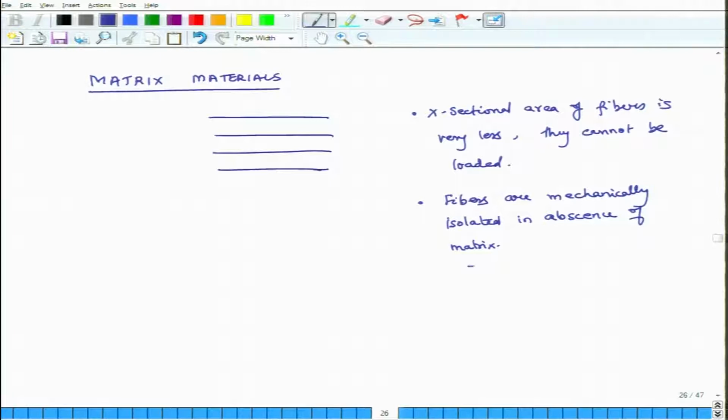So, what does that mean? They cannot transmit load between themselves. So, why is that important? Why do we want loads to be transferable?